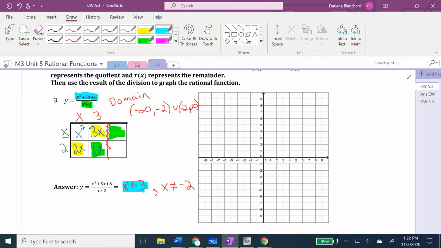So no matter what number I plug into x in this fraction, I will get the same result as x plus 3 would give me, with the exception of I'm not allowed to put -2 in. So as a graph, you have a line with a hole in it.